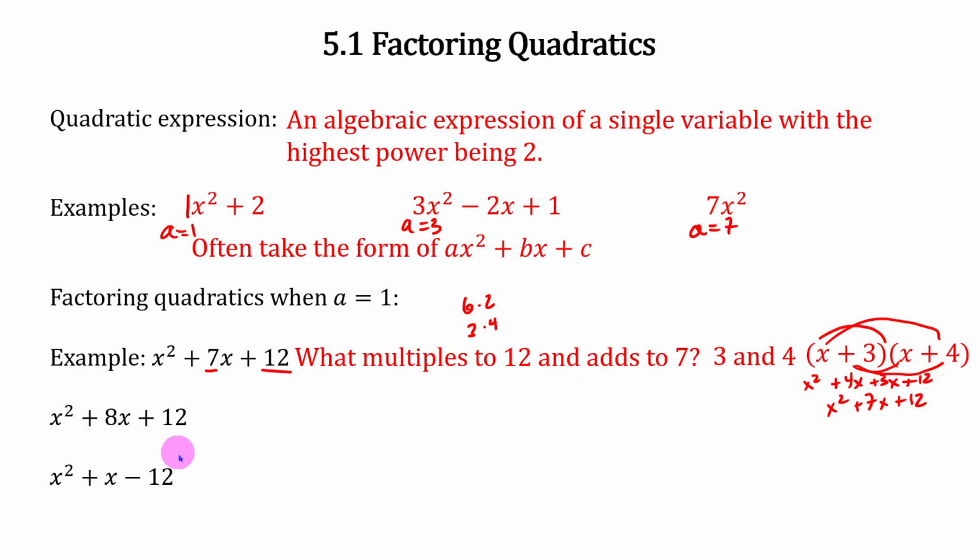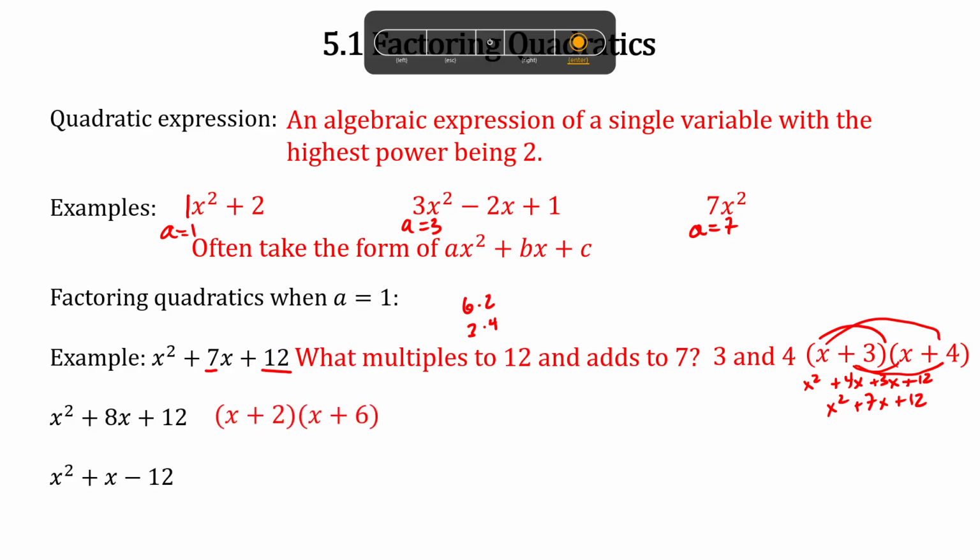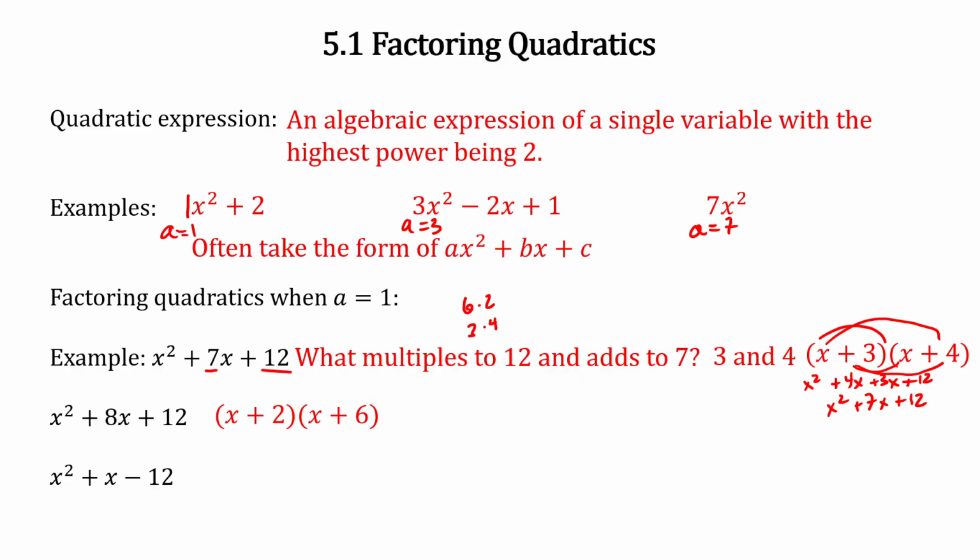So you try this one. Figure out what multiplies to 12 and adds to 8. So 3 and 4 didn't work, but 6 and 2 do. So it's x plus 2 times x plus 6. Because 6 times 2 is 12. Positive 2 plus positive 6 is positive 8.